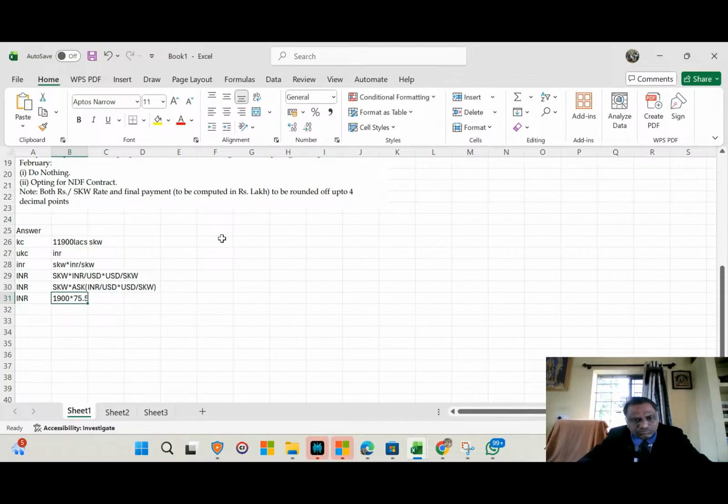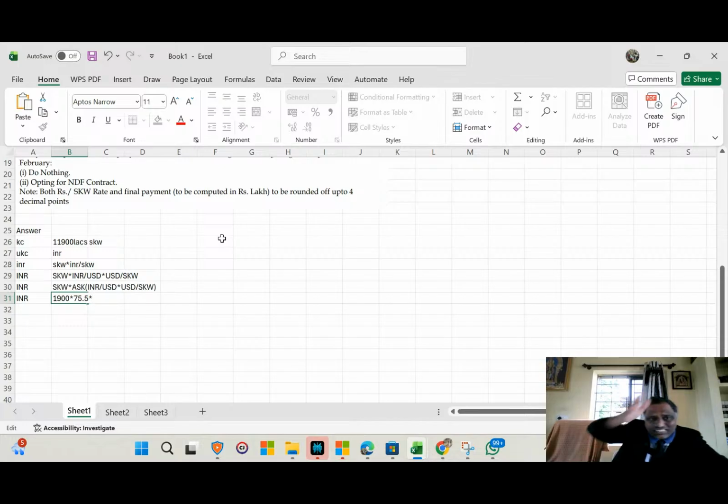Okay, and I asked USD divided by SKW, but in the question they have given SKW by USD. If I want USD by SKW, that is called 1 divided by the given quote.